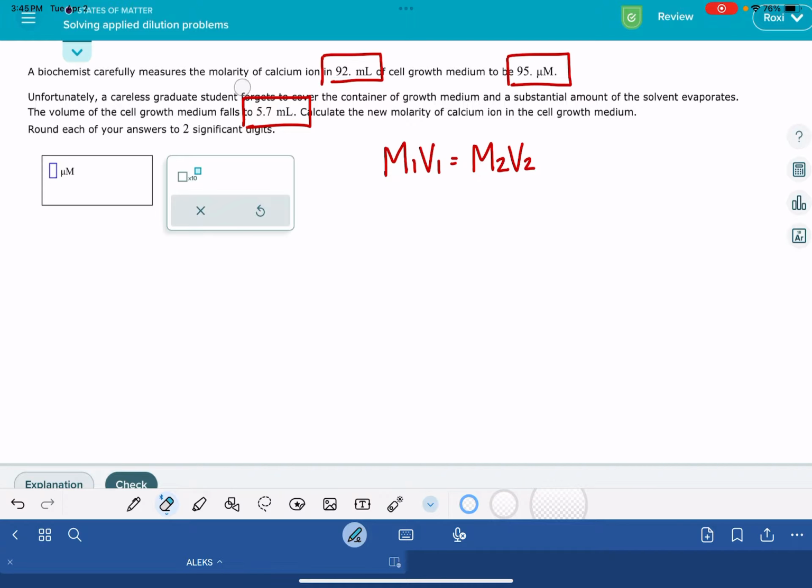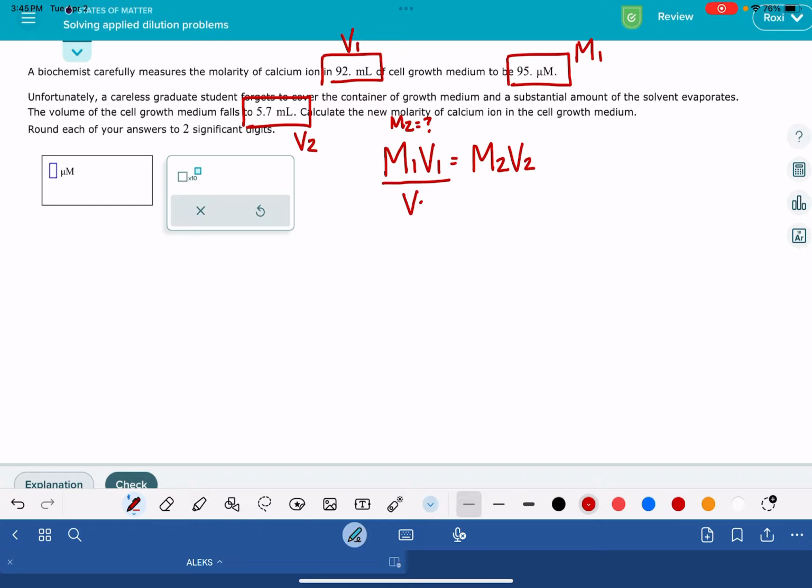So this is telling us that we have some sort of thing that has an initial volume of 92 milliliters, that's our V1, and it has an initial concentration of 95 micromolar, that's our M1, and then something happens and the volume changes. The volume goes down to 5.7 milliliters, and we're being asked to calculate the new molarity, that's M2. So we're solving for M2, we're trying to figure out M2 using this dilution equation.